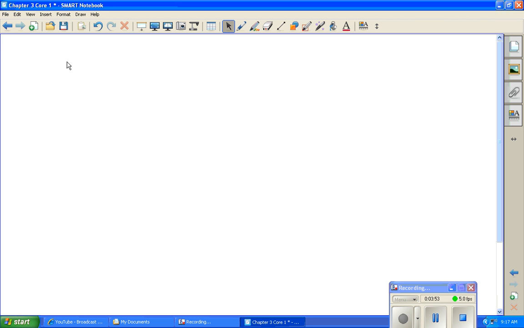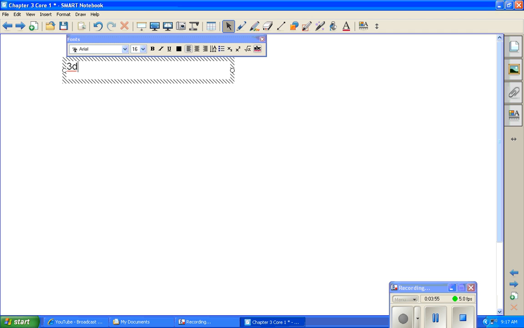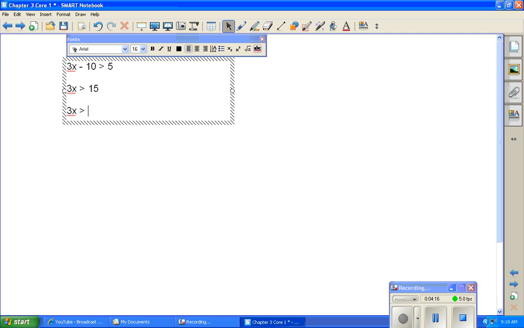So if I solve something like this, 3x minus 10, now I'm going to use greater than 5, so that 3x is greater than 15, so x is greater than 5.